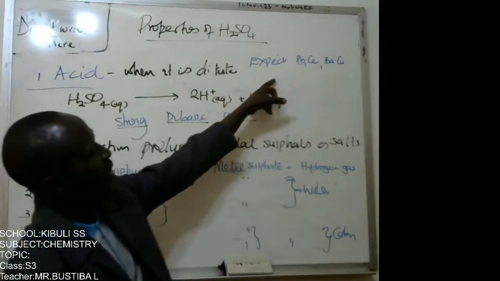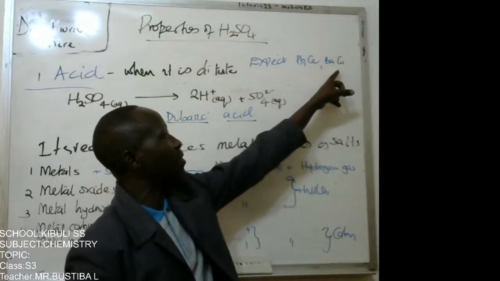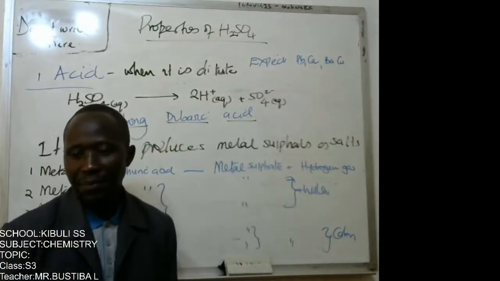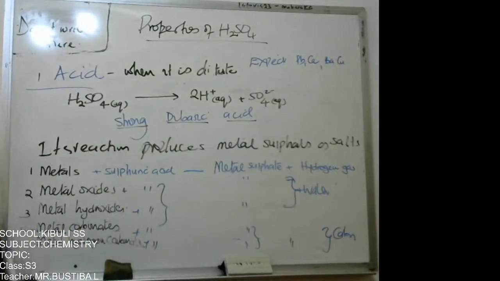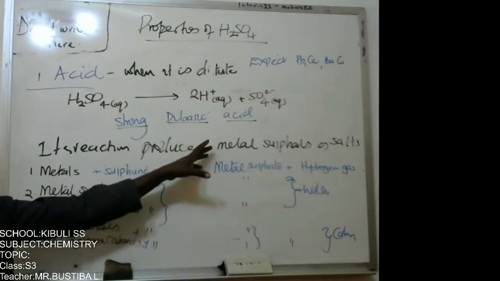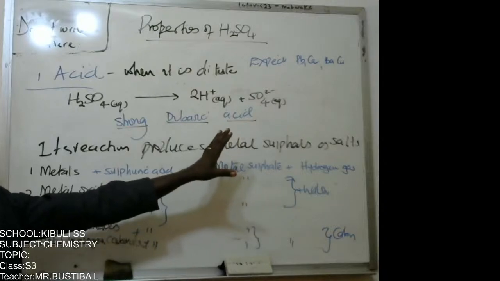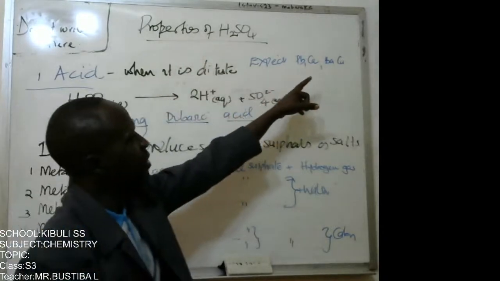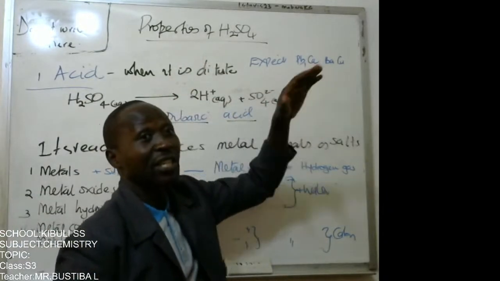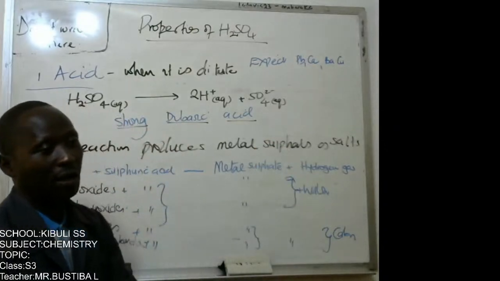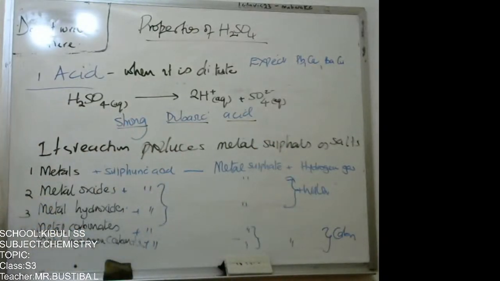The reason for lead, calcium, and barium is not the same reason as for copper. What's the reason for lead, calcium, and barium? Insoluble sulfate stops the reaction. What's the reason for copper as a metal not reacting? It is lower than hydrogen. Copper is lower than hydrogen, so it cannot displace it from dilute acid.